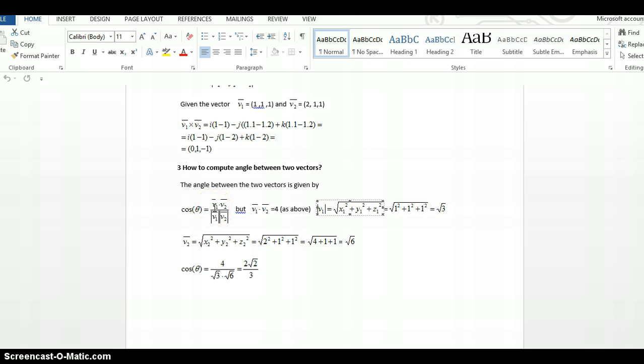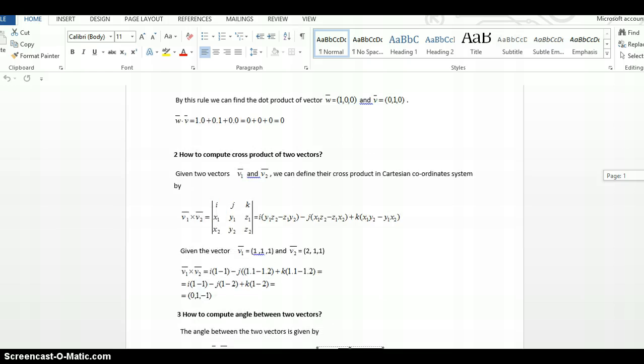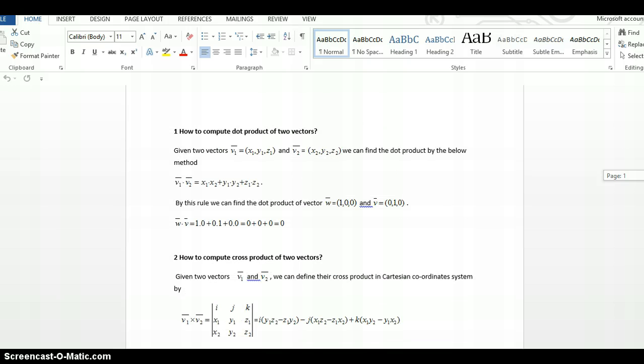The dot product between the two vectors we already have, which I think should be 4. Let's see.